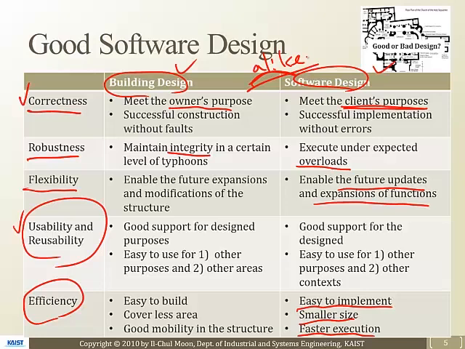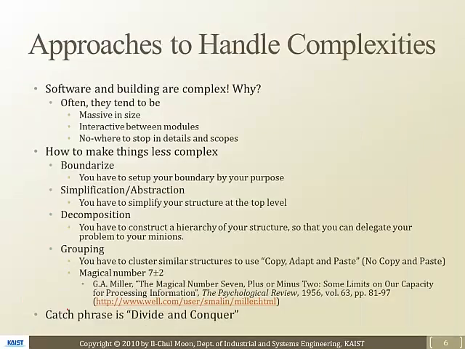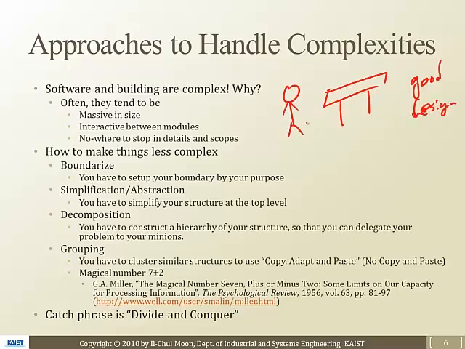And from that, your program wants to be robust, flexible, usable, and efficient, right? And what lies in between the successful outcome? We have this hurdle, and you are here, and here is a good design, and you have to overcome this hurdle.